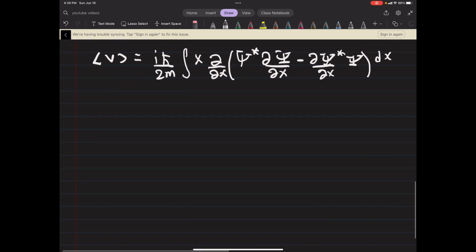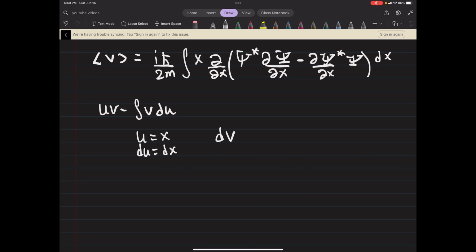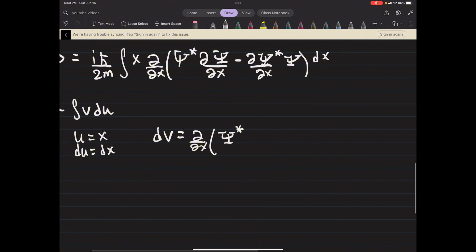So again, integration by parts, uv minus the integral of v du. Okay. So in this case, we could let u equal x, so that du is dx, and then dv we can let be everything else here.